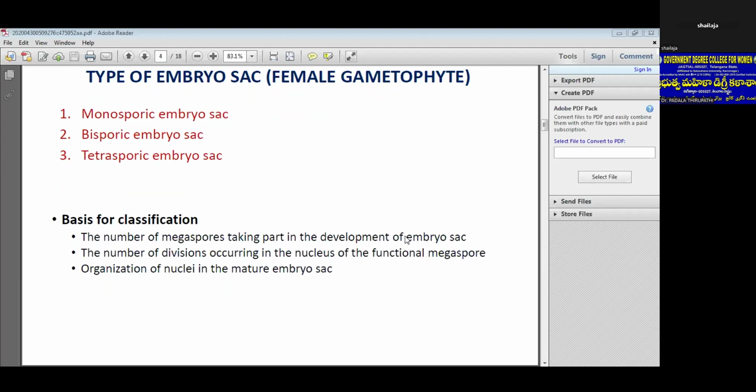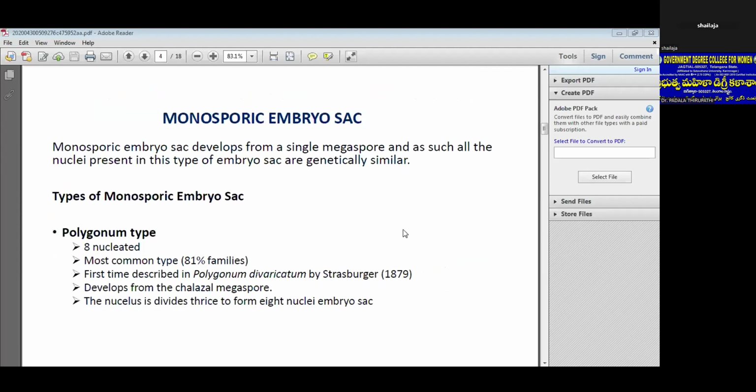See here, the monosporic embryo sac. It develops from a single megaspore, so all the nuclei present in this type of embryo sac are genetically alike.